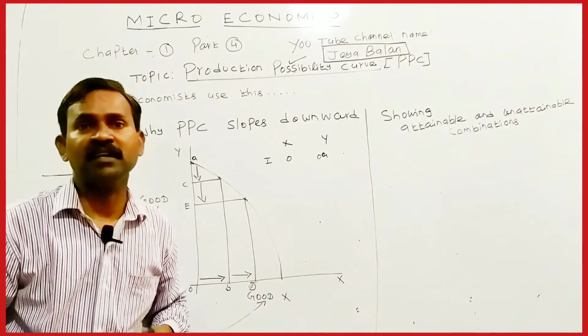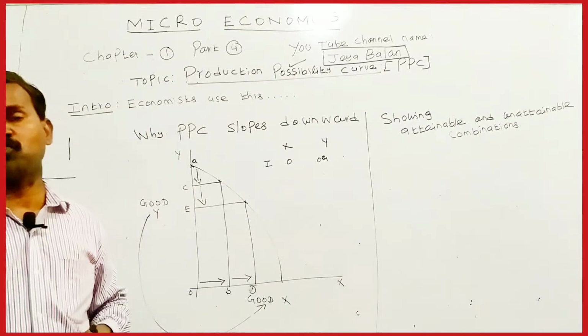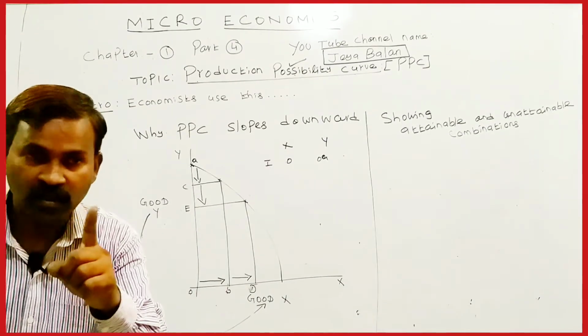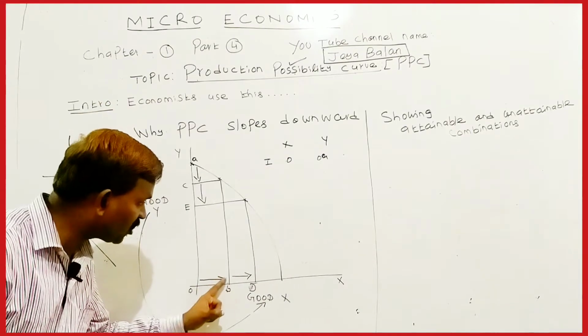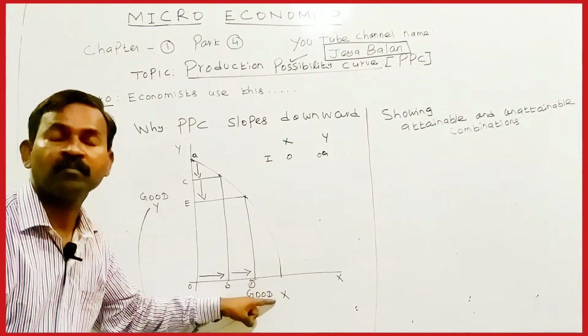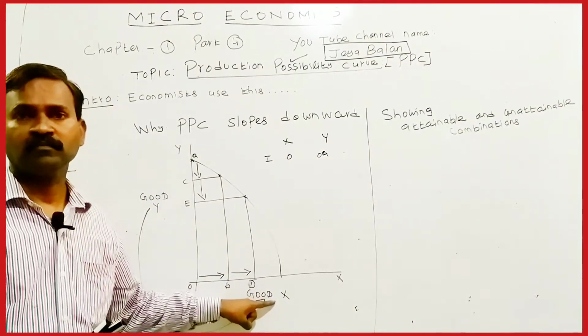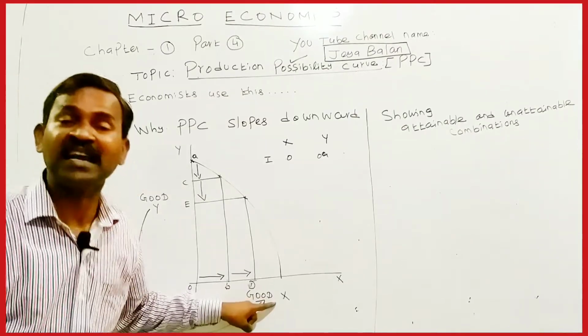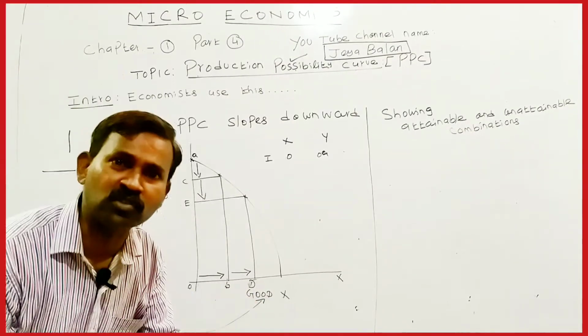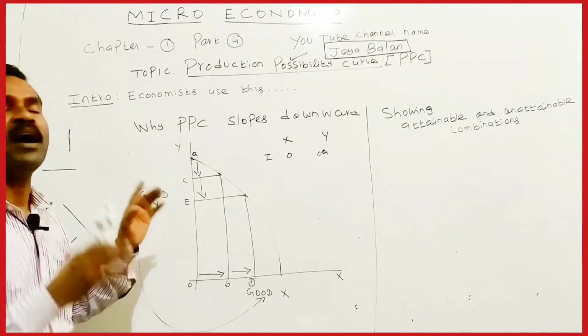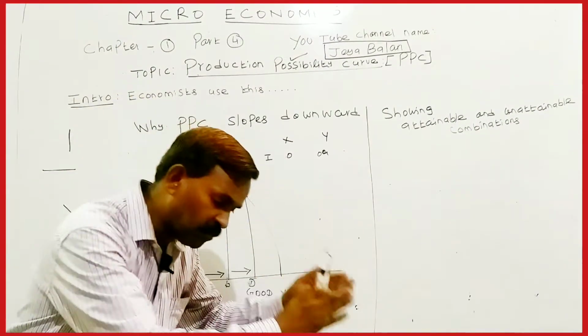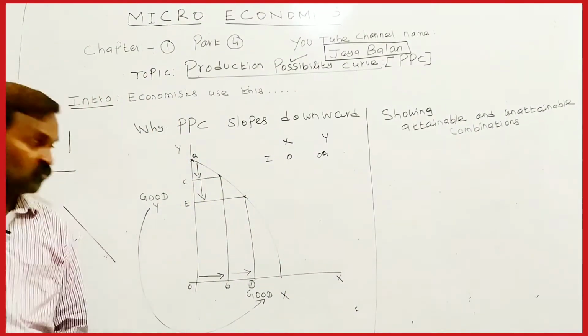So what do you understand from the explanation I have given so far? If you want to increase the production of one commodity, the economy is ready to sacrifice, ready to lose the production of another commodity by some number of units.